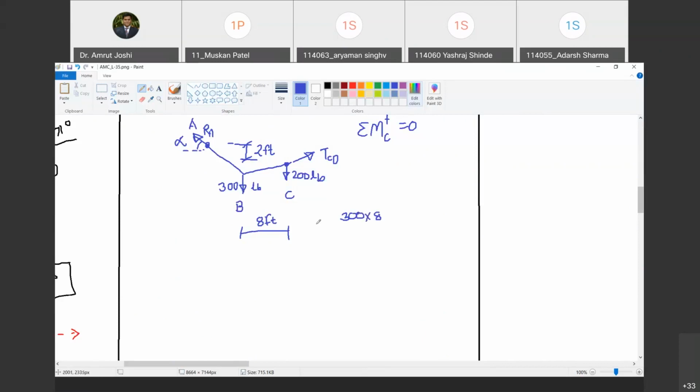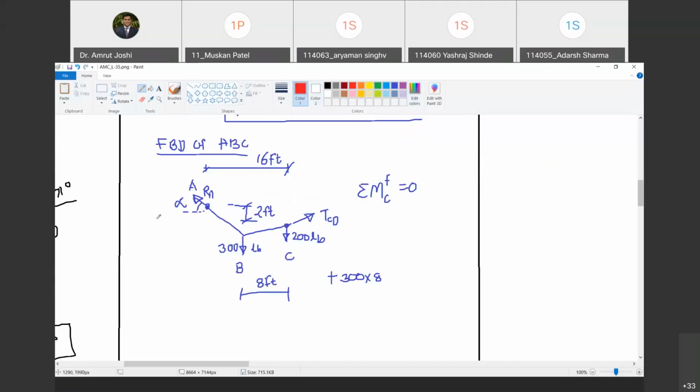Happy? Yes, sir. And what is its sense? Plus, anti-clockwise. So plus 300 into 8. Now this RA I am going to have as two components. One component is horizontal, RA cos alpha. Another component is vertical, RA sin alpha. Can you tell me the moment of RA cos alpha about C?